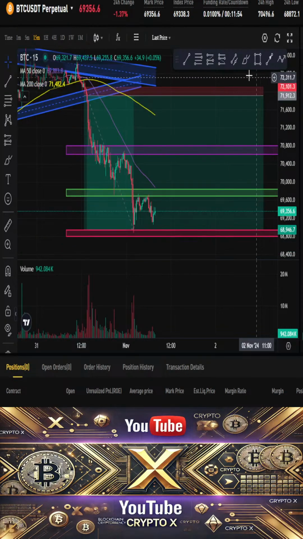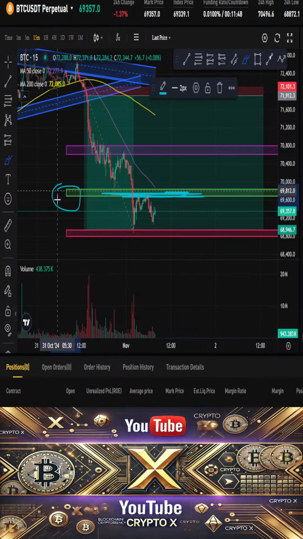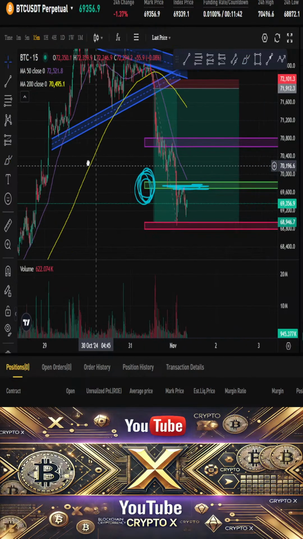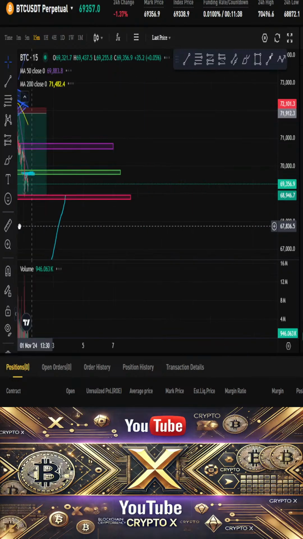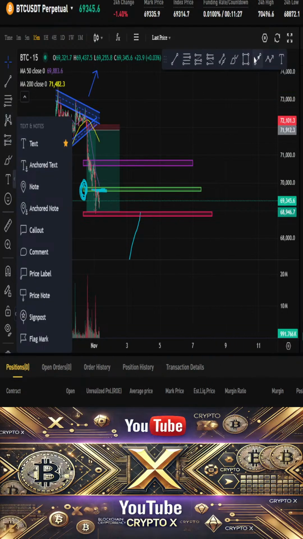You have to trail your SL till this point. If I had made this green line, I had just shown you, remember you were saying something about Fibonacci? With the Fibonacci, I had made 3 lines yesterday. So this line will be, I will write the text. Here you go.